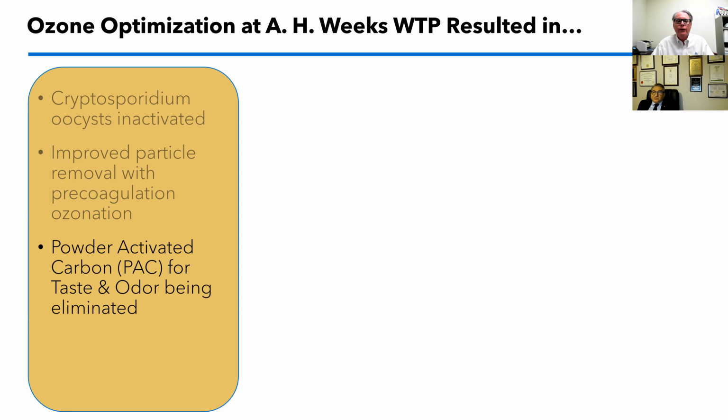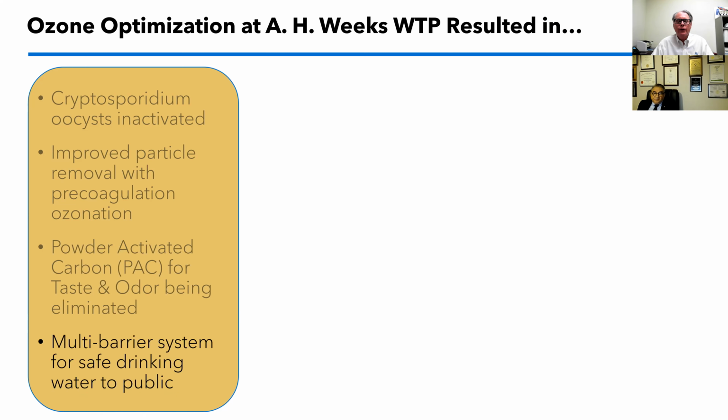Powder activated carbon was used in summertime for taste and odor. That was eliminated, and that was a major cost. Ozone added a multi-barrier system for safe drinking water to the public.